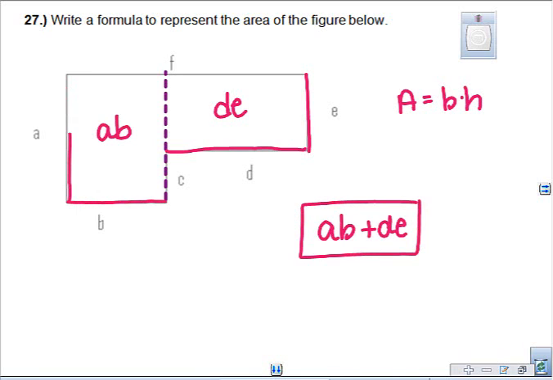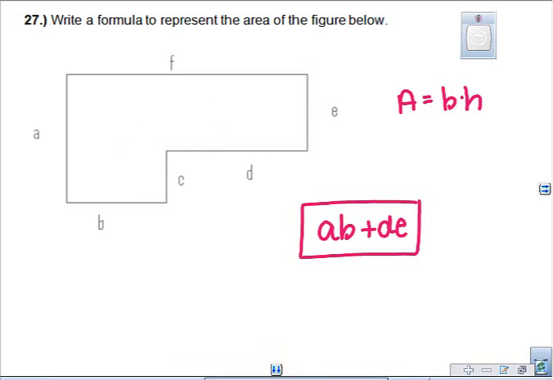I'm going to show you one other. There's more than just 2 possible answers, but that's all I'm going to show you. If we broke it down in the other direction, this way, and extended this line across. Okay, this rectangle would be B by C. Okay, this is C, it's the same as this side, and B. So BC.